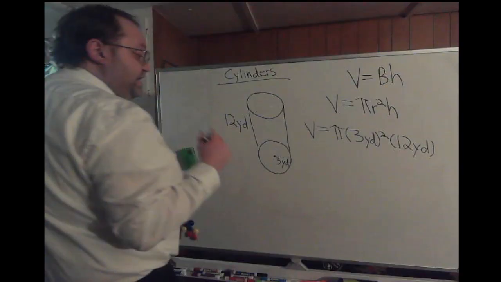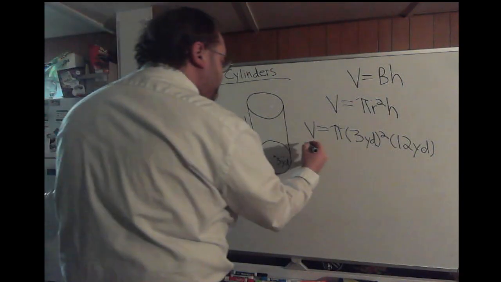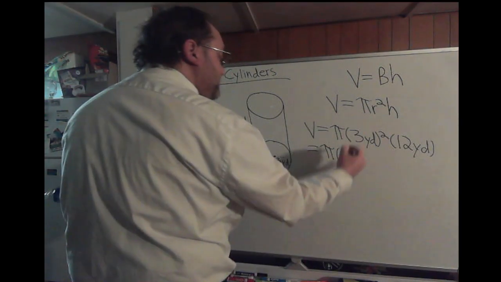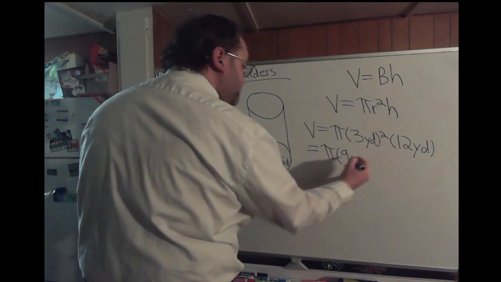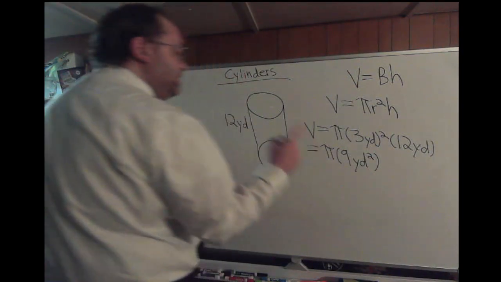Of course, with order of operations, parentheses come first. So you'll have pi times what is 3 squared? That's 9. Yards squared, well, that's exactly what it is. Yards squared times 12 yards.